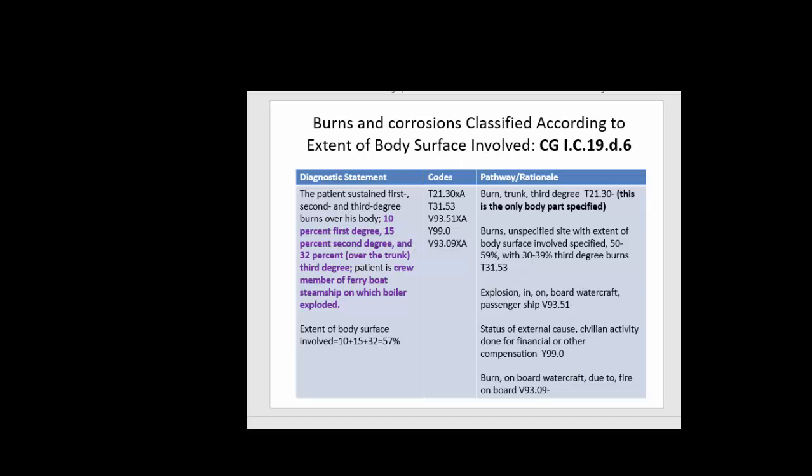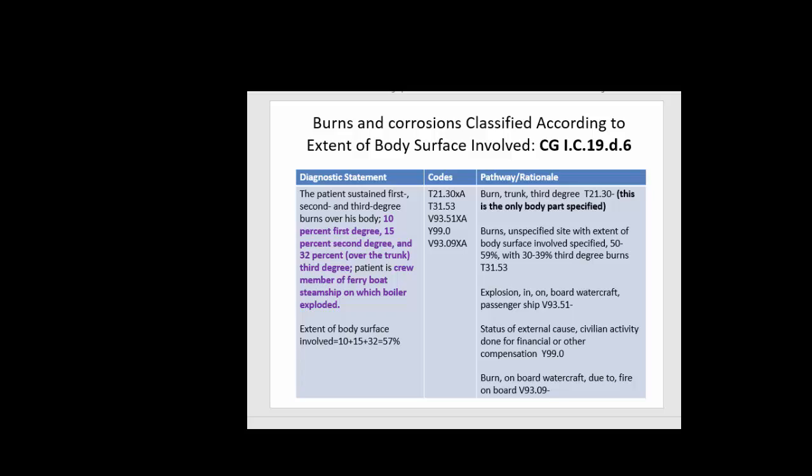So you see how they get that. Okay, let's go to the next guideline. The patient sustained first, second, and third degree burns over his body. 10% first degree, 15% second degree, and 32% over the trunk, third degree. The patient is a crew member of a ferry boat steamship on which the boiler exploded.